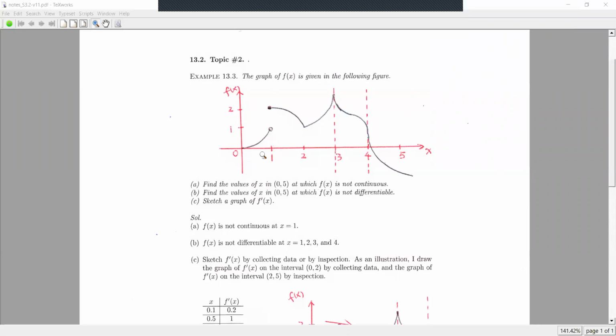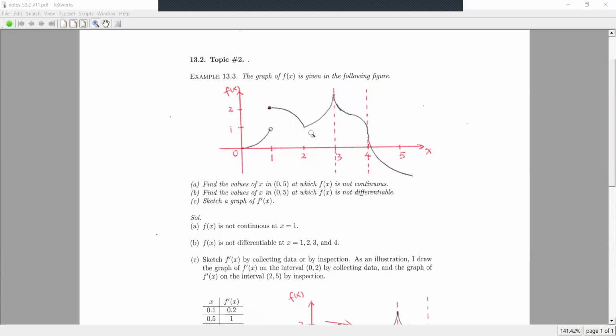Therefore, at point 1, the derivative of the function f doesn't exist. At point 2, the graph has a corner. At a corner, no tangent line. So derivative of the function f at 2 doesn't exist.